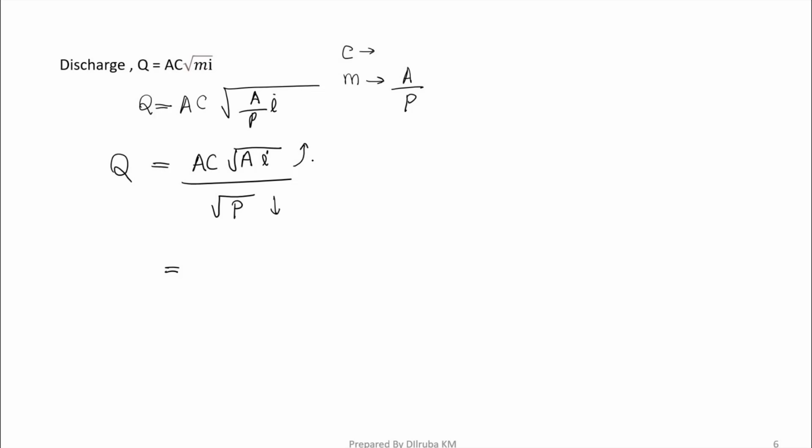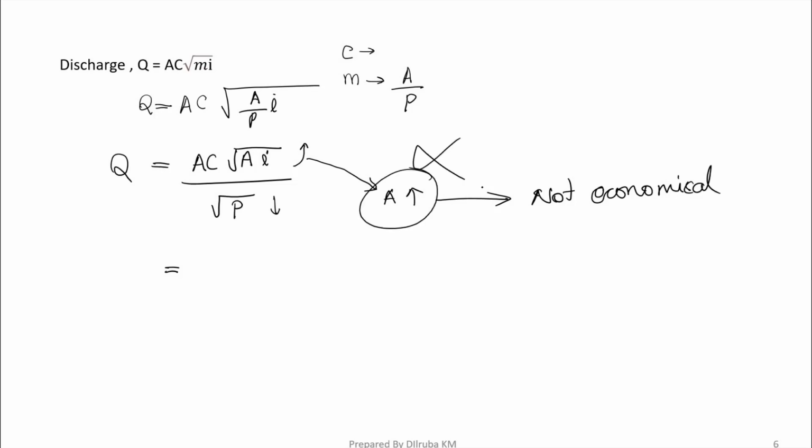When I consider the first condition, that is increasing the numerator, here C and I are constant, so we must increase the area. When we increase the area, the section will become non-economical. So it is not economical to increase the area, so that option is not here.